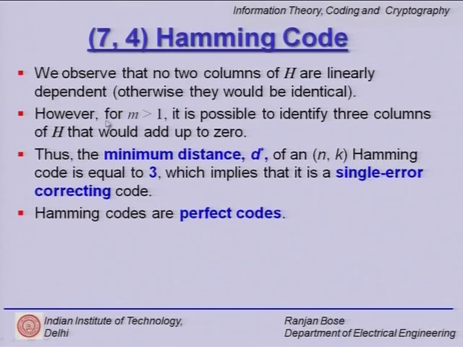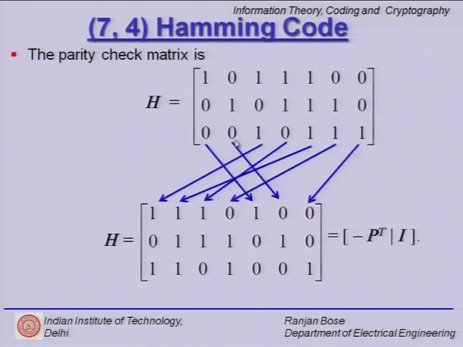But for n greater than 1, it is possible to identify 3 columns of H which would add up to 0. So, you can always go back to your H matrix and pick up 3 columns, and these 3 columns would add up to 0. Now, we established in the last class that that could lead us to the minimum distance of the code.